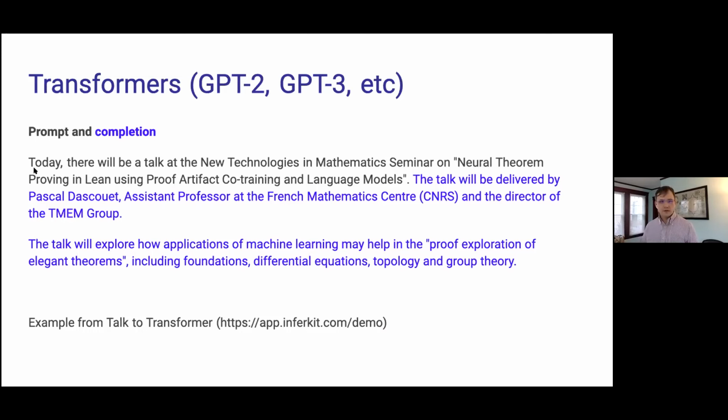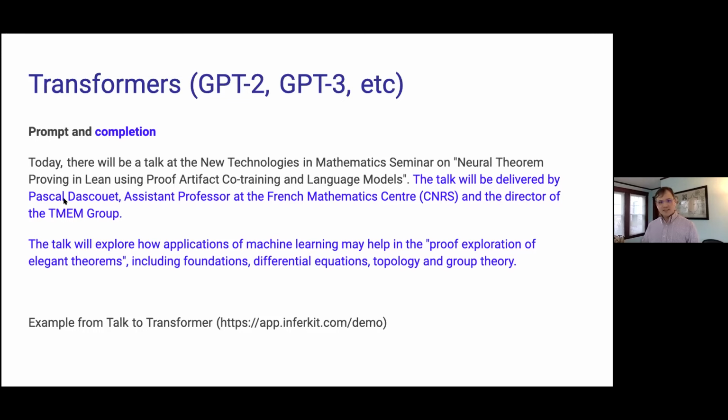So for example, I put into one of these systems, not GPT but a different one that was freely available on the internet: today there will be a talk at the New Technologies and Mathematics Seminar on neural theorem proving in Lean using proof artifact co-training language models. And it helpfully fills in that this talk is going to be delivered by some French mathematician who doesn't exist, and who's the director of some group that doesn't exist.